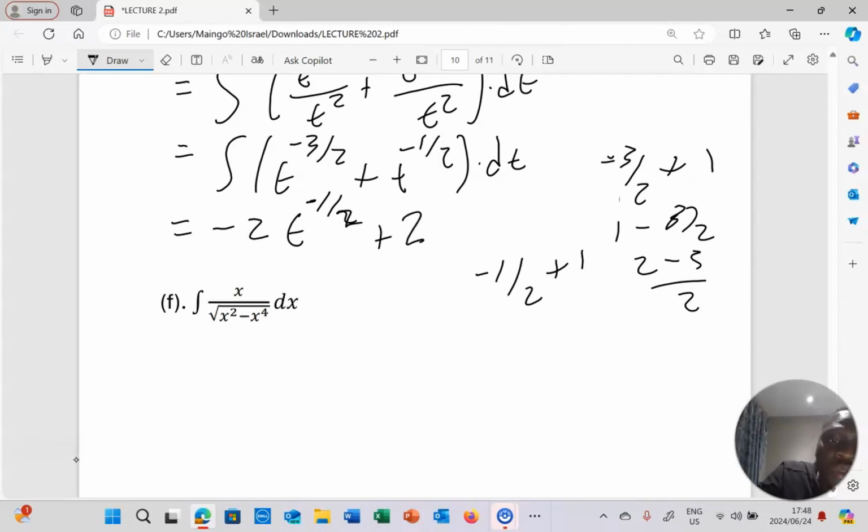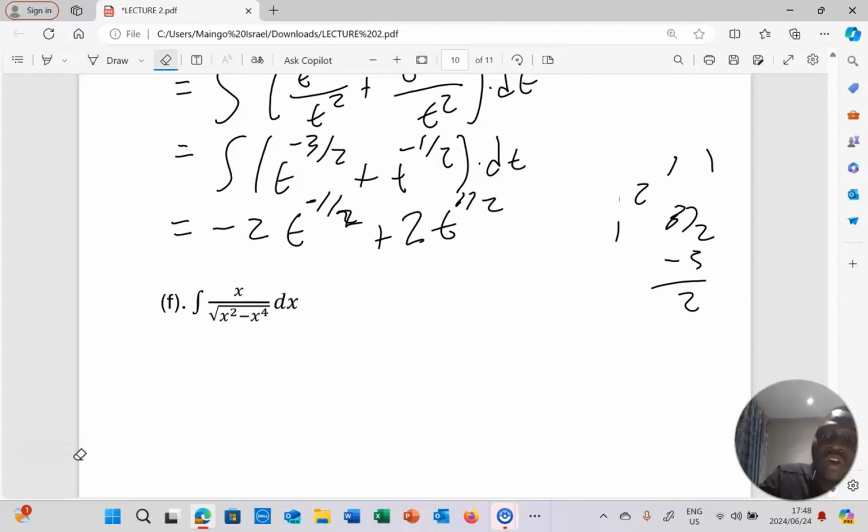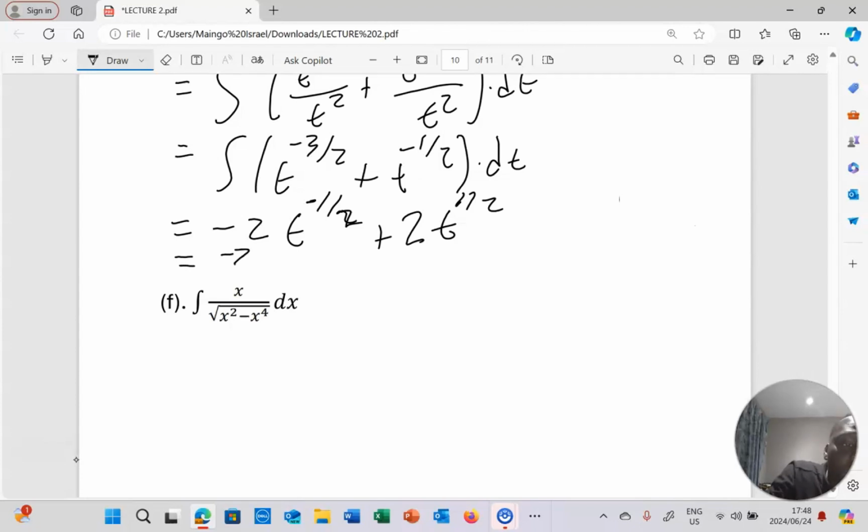It will be 2t^(1/2). So this will be equal to minus 2 divided by root of t plus 2 square root of t, plus a constant.